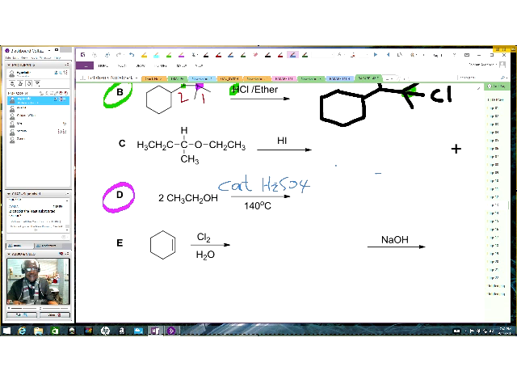In this case, you have a catalytic amount of acid, and you have 2 moles of an alcohol, in this case ethyl alcohol.